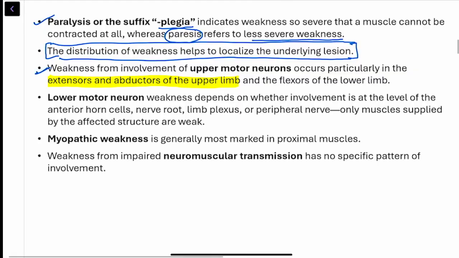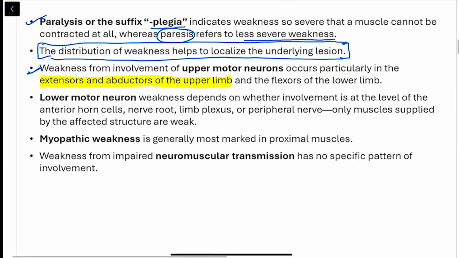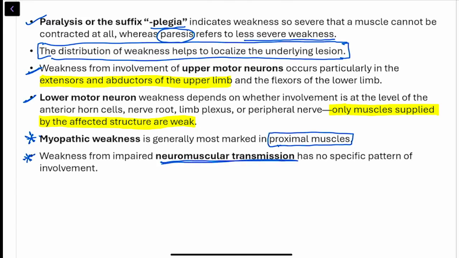Lower motor neuron weakness means it will paralyze the muscle supplied by the affected structure, right? The distribution of upper and lower motor neuron weakness is completely different, right? Myopathic weakness is usually proximal muscle weakness, and neuromuscular transmission has no specific pattern.